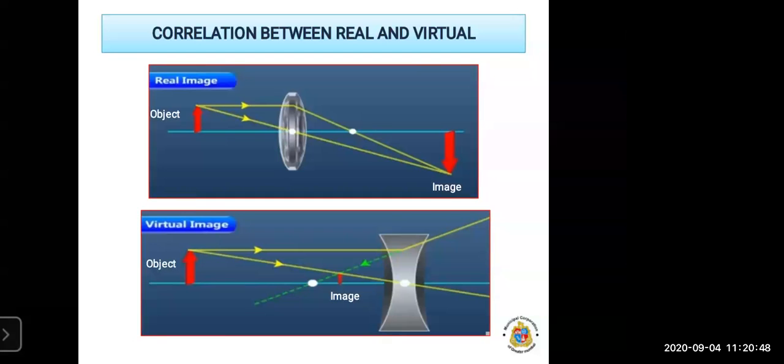The refracted light gets diverged and extended backward, and the image is formed. That image is called a virtual image, and it does not appear on the screen. Okay, so take a screenshot, students. Please take a screenshot of this.